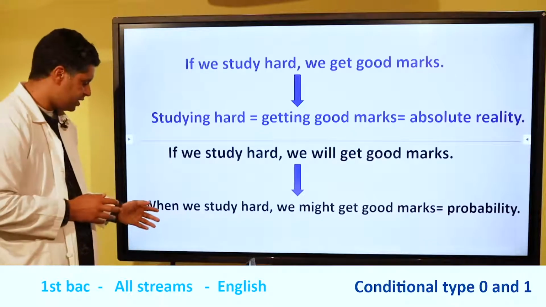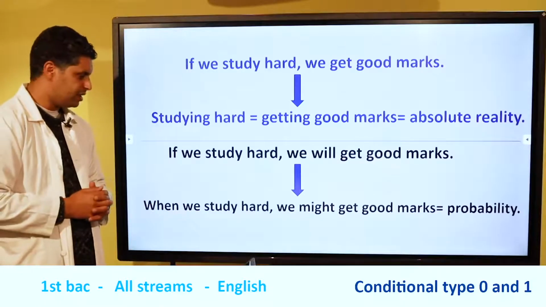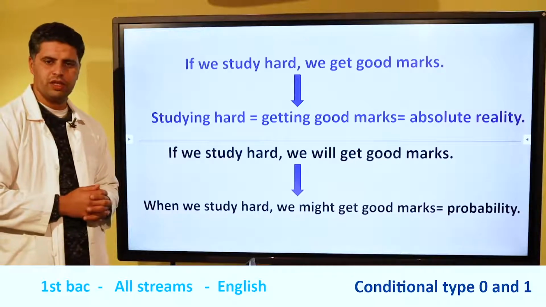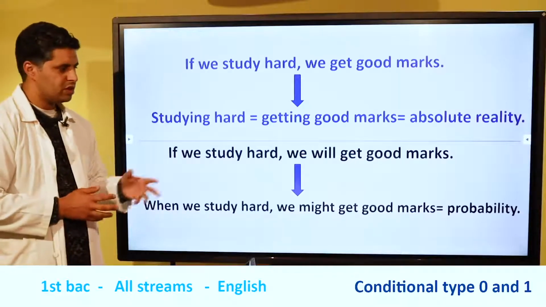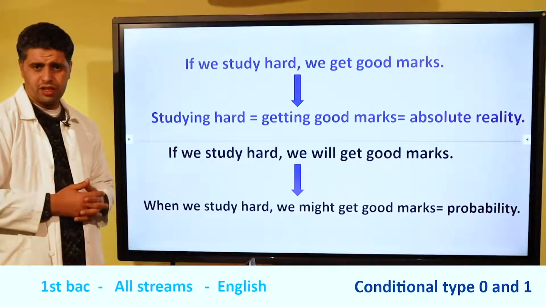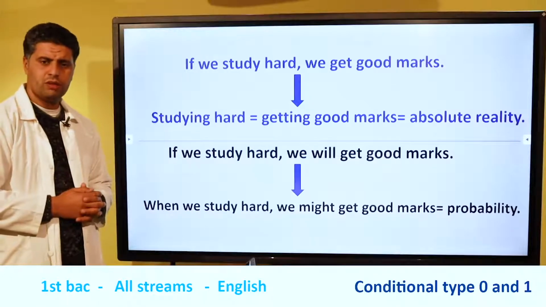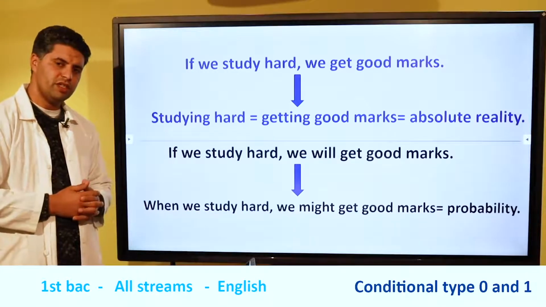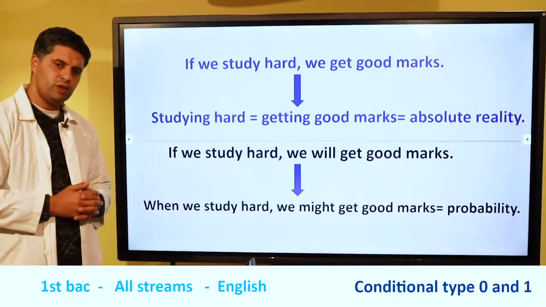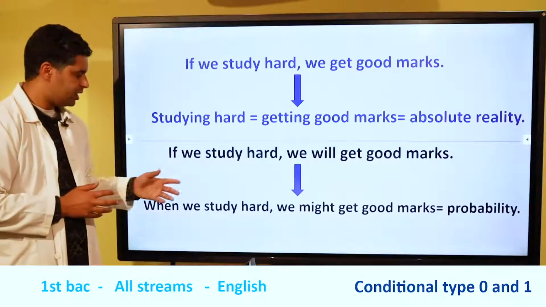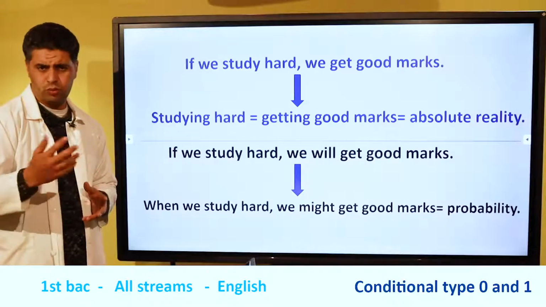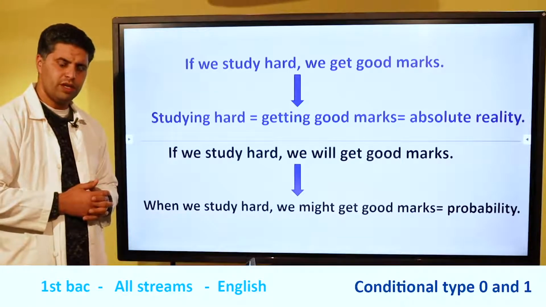When we study hard, we might get good marks. Here we express probability. It is just a possibility or uncertainty. It means that we are not sure that this action, which is getting good marks, will happen or not.